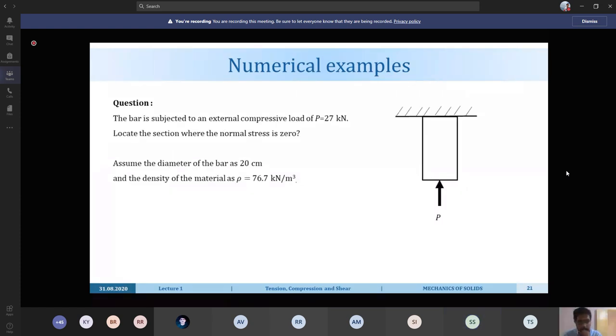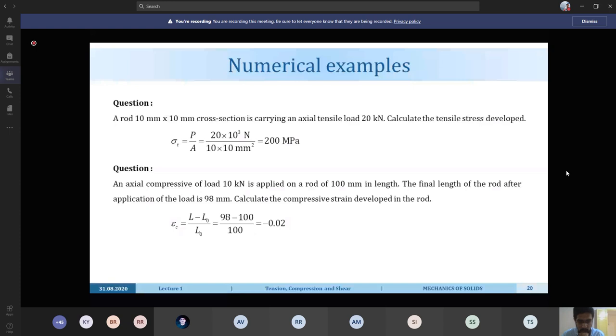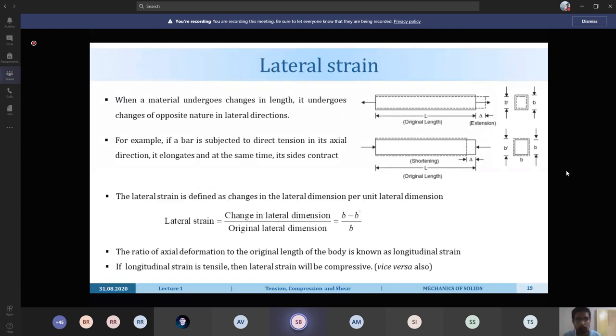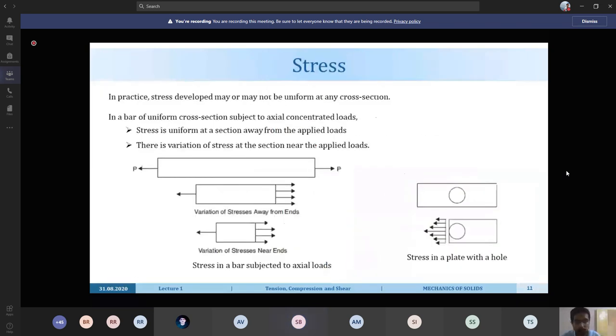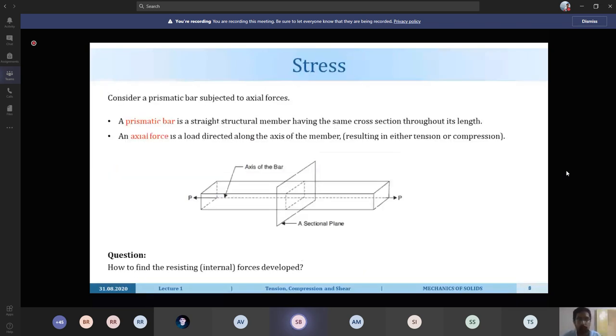Sir, if I consider a cuboidal block and I'm applying a tensile load of 20 kilonewton on both sides, what should I consider as the load for stress? Should I consider 20 or 40? No, because a cross section will have both sides pulling at 20 and 20. Actually, the resistive force, in the definition of the stress itself, we started with this problem.